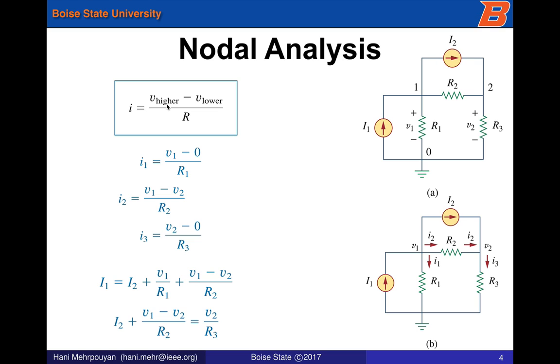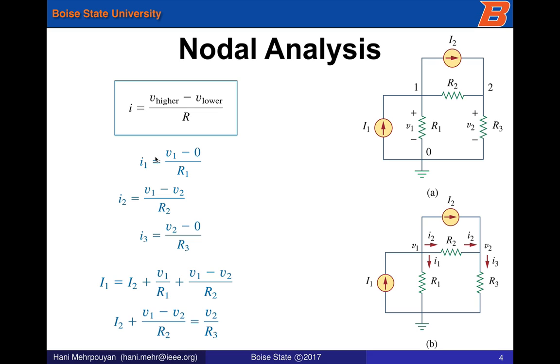And we use the passive sign convention, which we're saying is that every I is equal to the higher voltage minus the lower voltage divided by R. We're assuming that V1 and V2 are higher than the zero voltage. That doesn't matter as long as we stay consistent throughout the whole analysis.